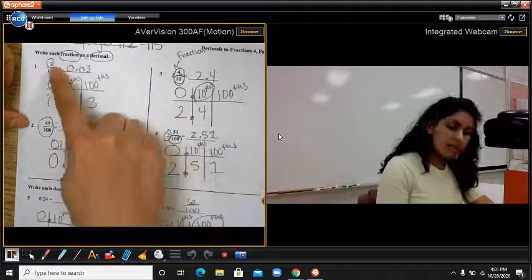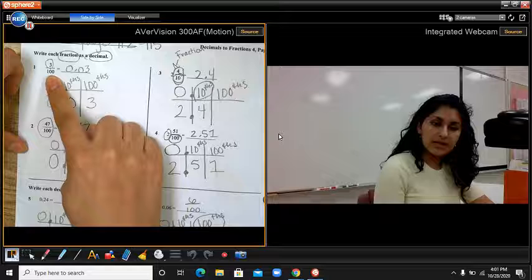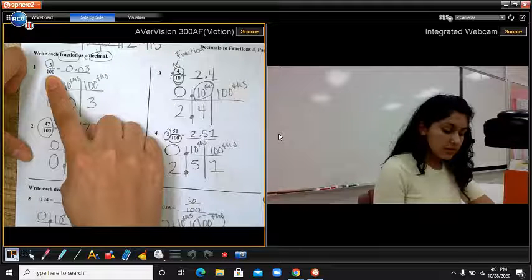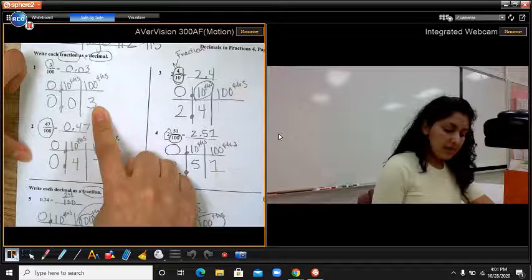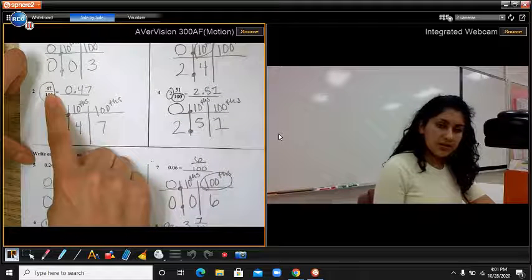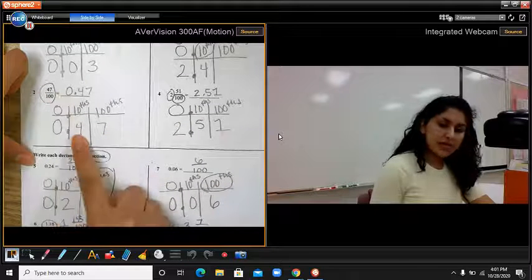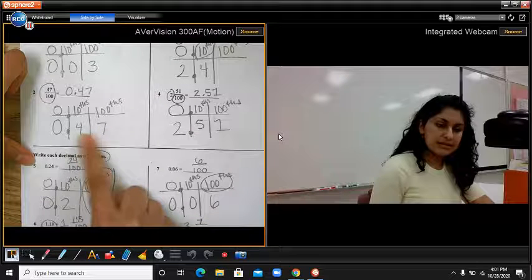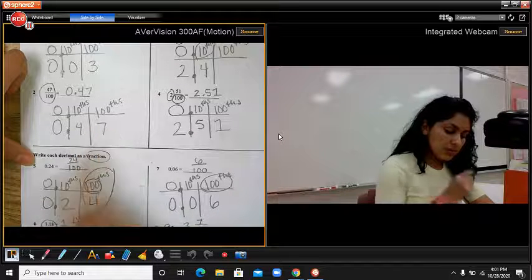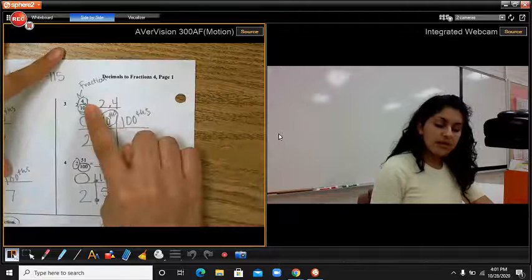We're placing the 3 in the hundredths place because look at our denominator. It's 100. Same thing for 47. Overall, these have 2 digits, so automatically we'll place the 4 in the tenths and the 7 in the hundredths. So those are pretty easy. We have 2 and 4 tenths.